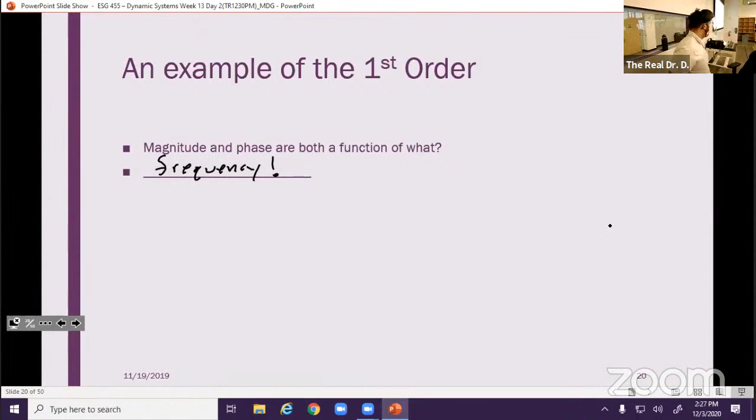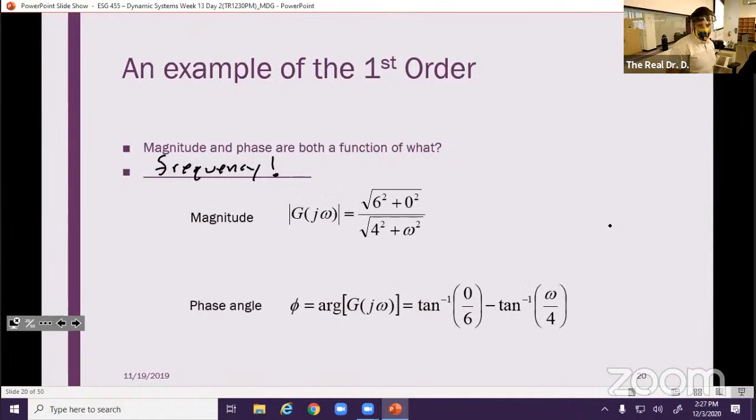Very exciting, he says, right? So here, if we wanted the magnitude of this transfer function, here it is: square root of 6 squared plus 0 squared over square root of 4 squared plus omega squared. What about the phase angle? Well, here it is. These are both functions of omega.